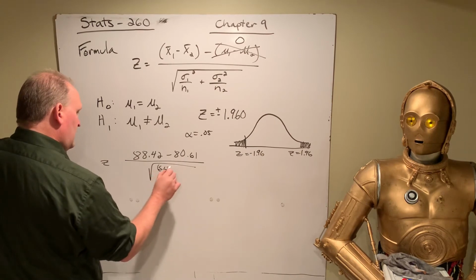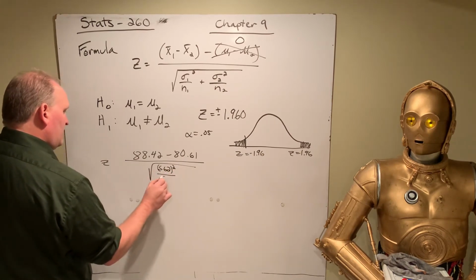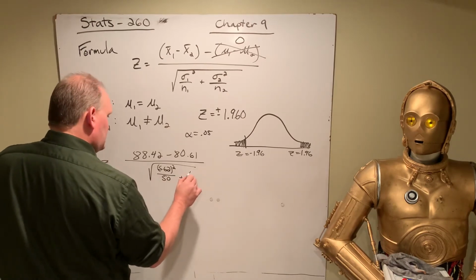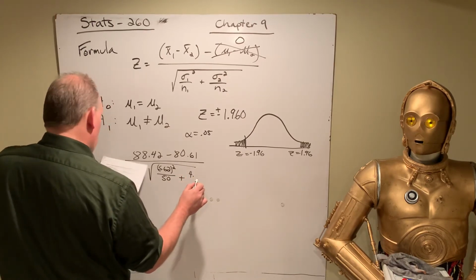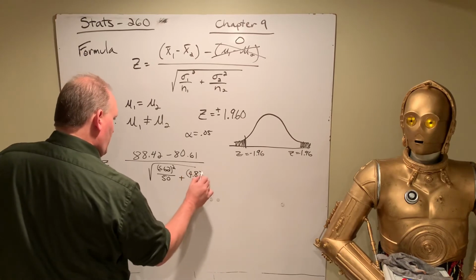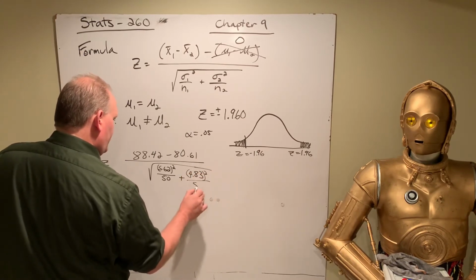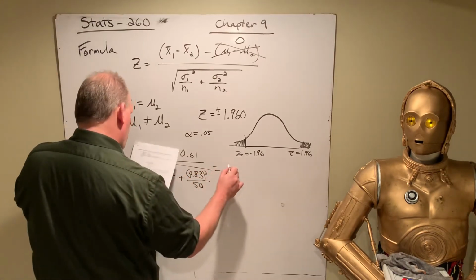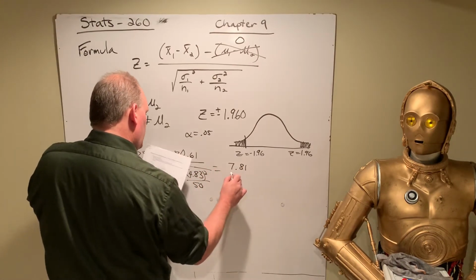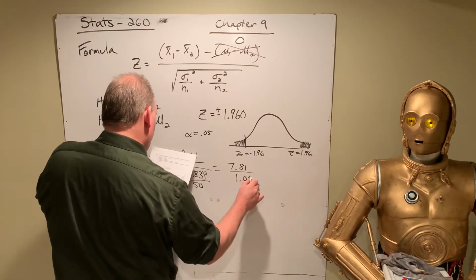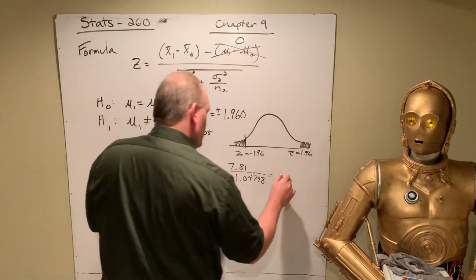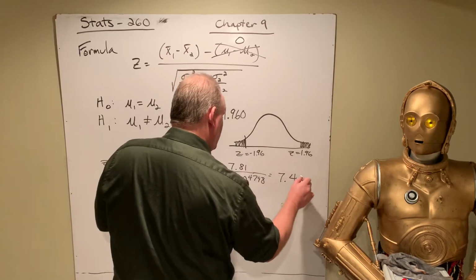We're going to take that and square it and divide by how many were in the sample. That's 50. And we're going to add that to 4.83 squared and divide that by 50. And so this all shakes out to be 7.81 over 1.04798, which is 7.4 standard deviations above the mean.